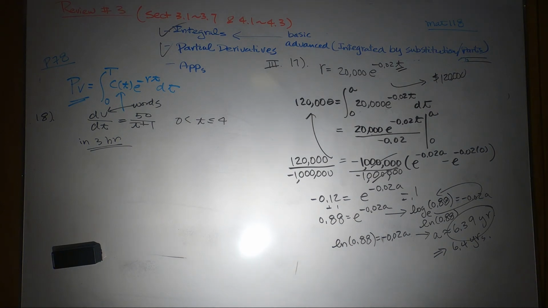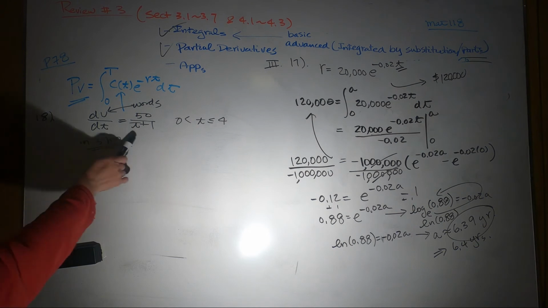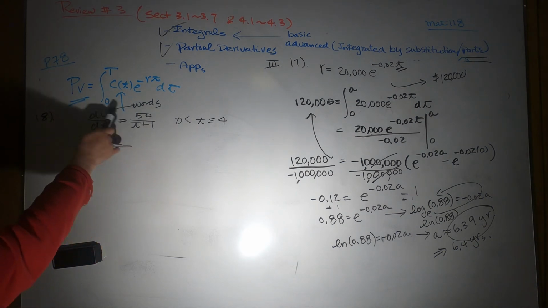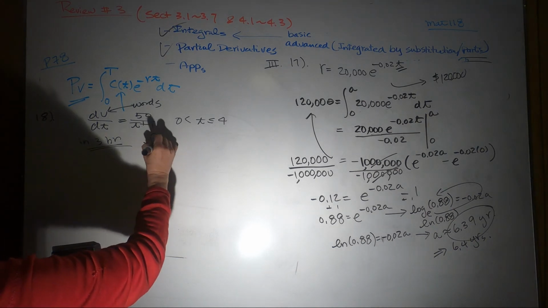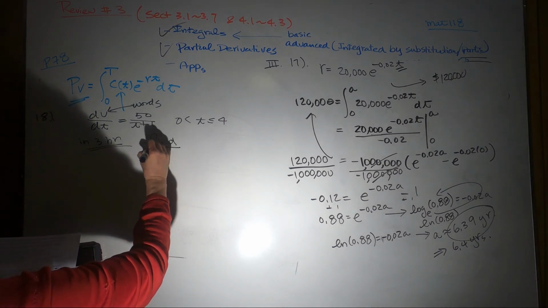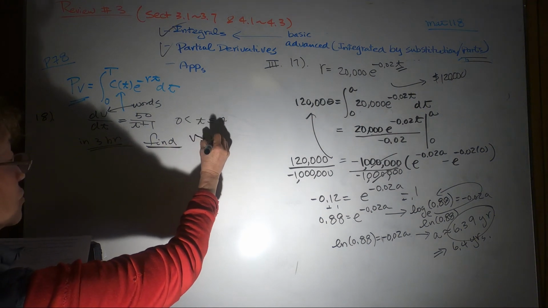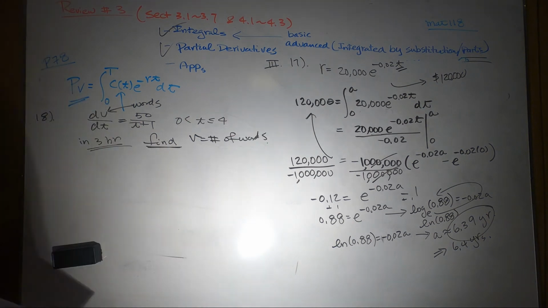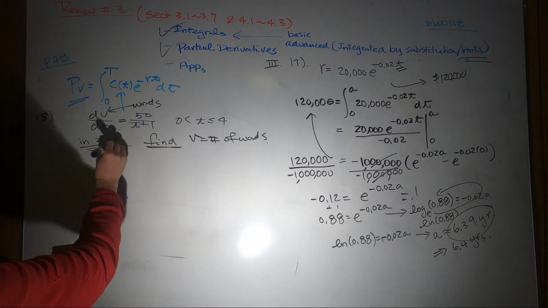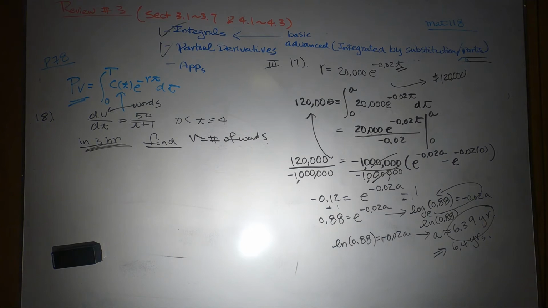So this is the average student's ability to remember words. So what do we want to find? The question is find what? V equals what? Number of words, right? Then we want to find it in 3 hours.